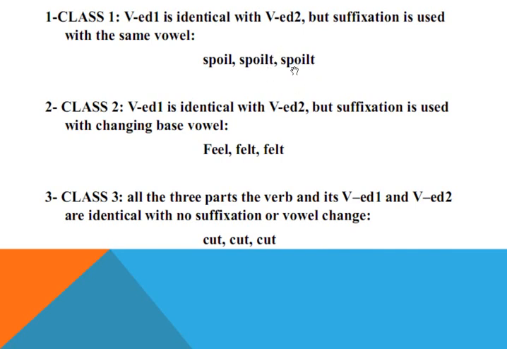The main vowel is the same in both verbs, with the addition of the suffix. Again, in the first class, the VED1 is similar to the VED2 because they have the same base vowel, but we add suffixation, which is the /d/ sound. So spoil, spoiled, spoiled.